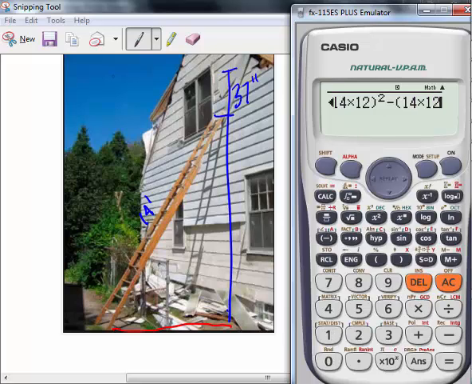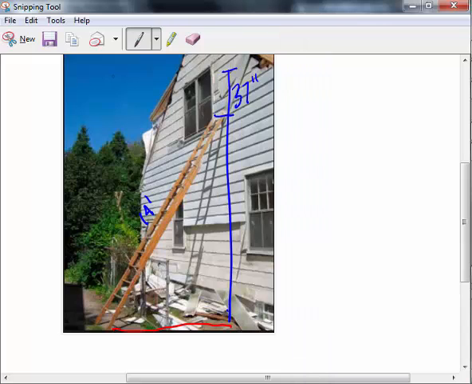So we want to know what the length of this wall here is, since it's 37 inches shorter than that. So 14 times 12 minus 37. And then remember, you have to square it, because that's that side squared. And that tells us that this distance here is 105 inches. Let's see here. Next.